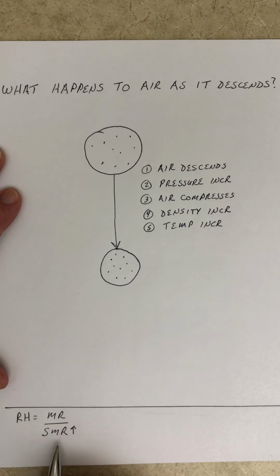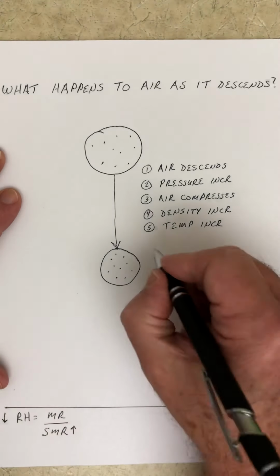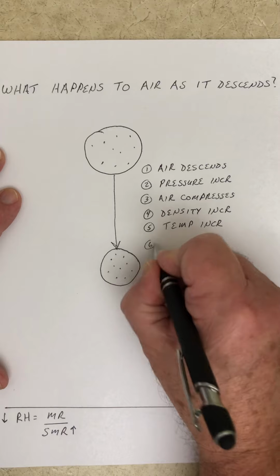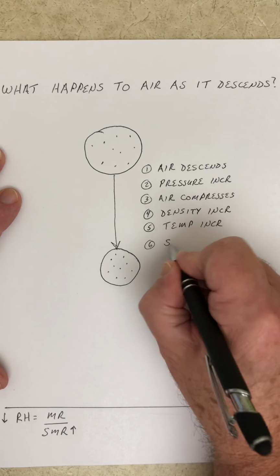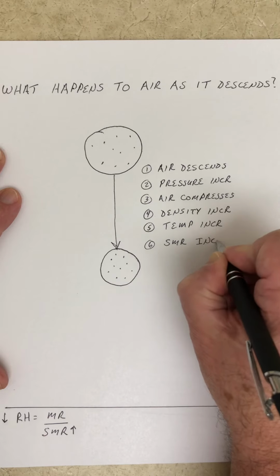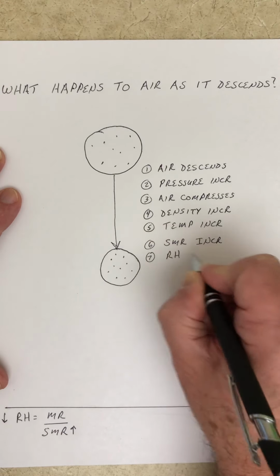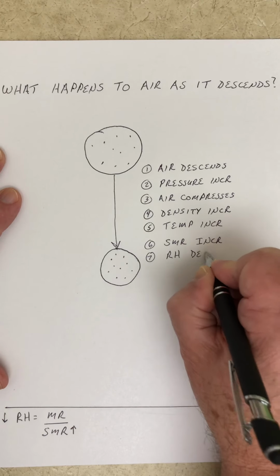Saturation mixing ratio being in the denominator means that the overall number, in this case the relative humidity, is going to decrease. So as the temperature increases, the saturation mixing ratio increases, and therefore the relative humidity is going to decrease.